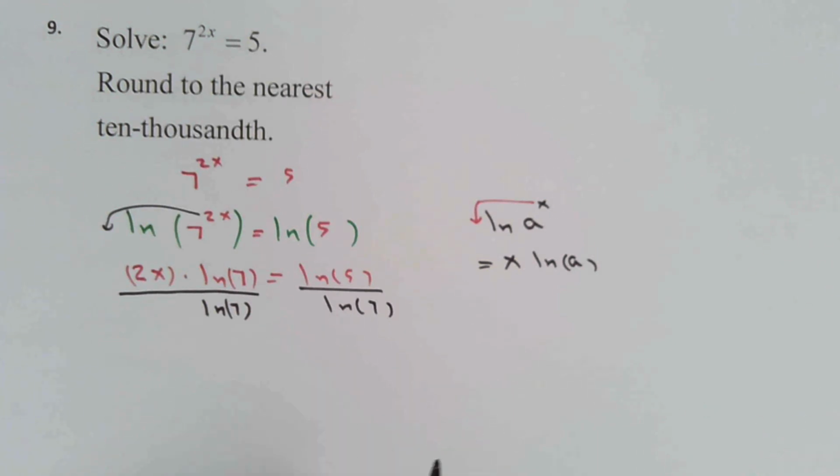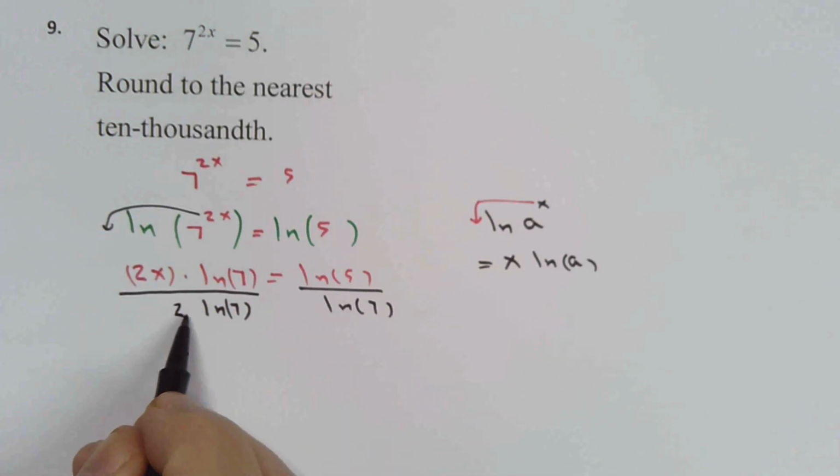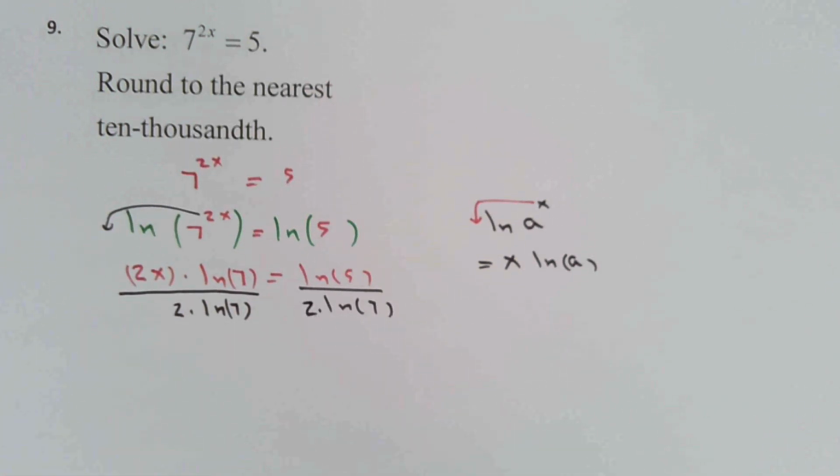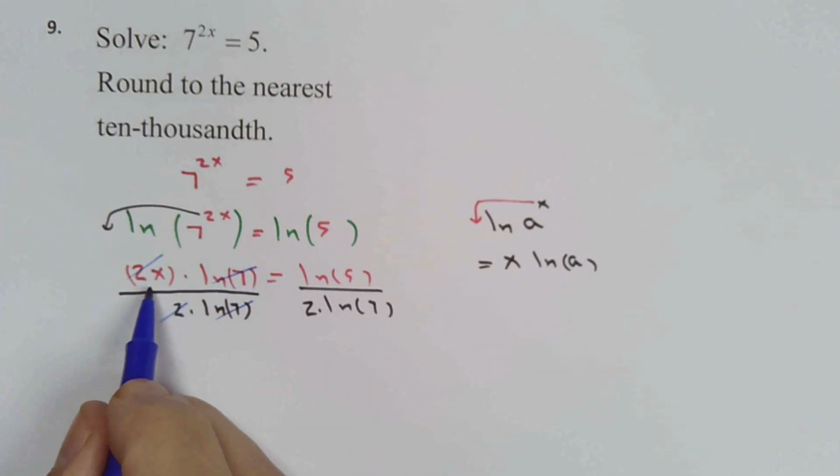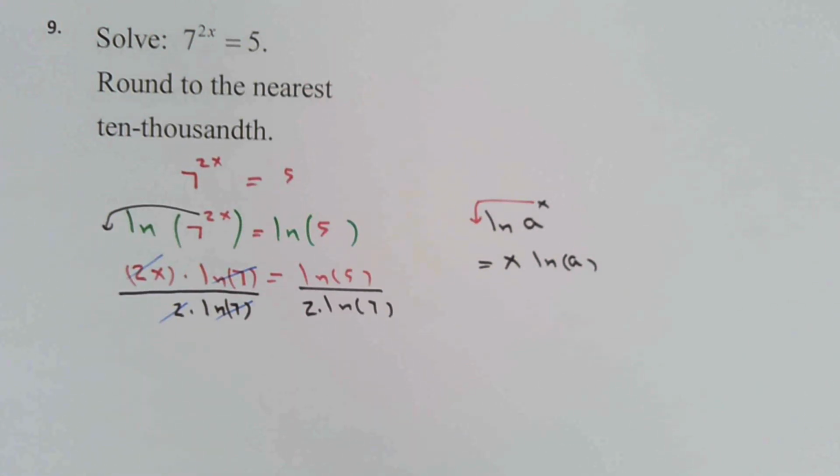And let's do 2 steps in one and get rid of the 2 at the same time. As you could see, 2 cancels and ln 7 cancels, and now we have x by itself. So the left hand side is x, the right hand side is ln 5, all divided by 2 ln 7.